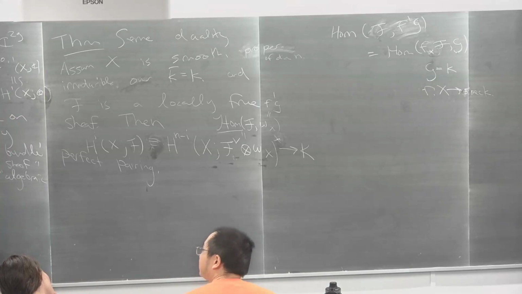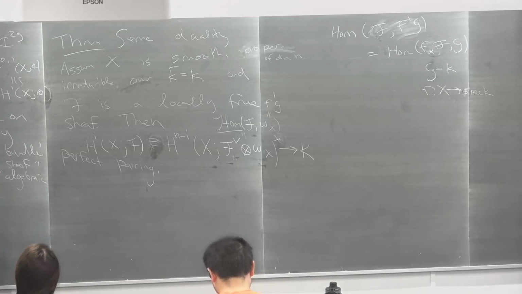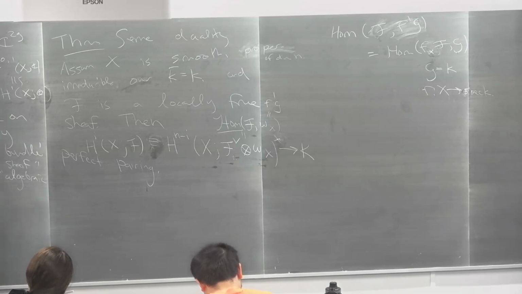People would say that's where the degree shift in Poincare duality comes from. It comes from the fact that when you do shriek pullback, you don't get the constant sheaf, you get a shift in the derived category. And if your variety is singular, then you don't get the constant sheaf at all. You get some weird thing.